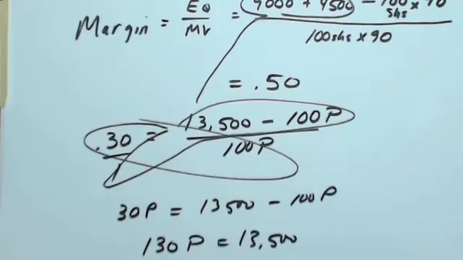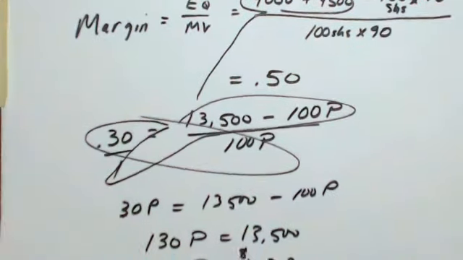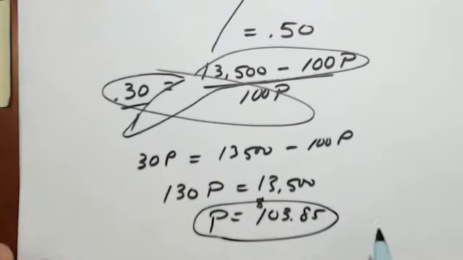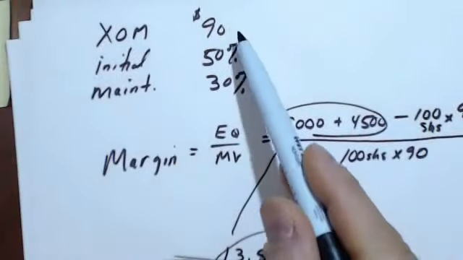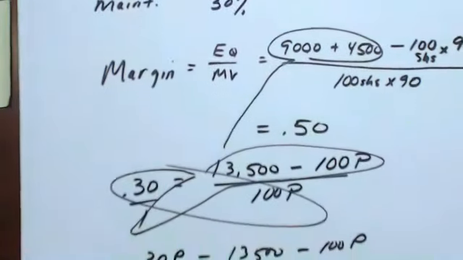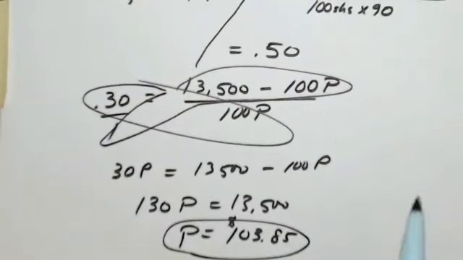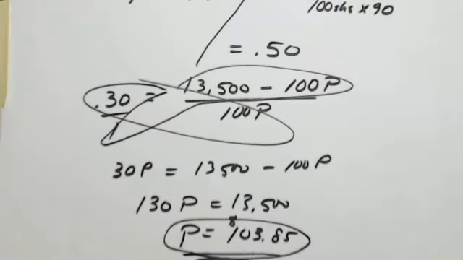P equals 103.85. That makes sense, right? It makes sense that the price at which you get a house call is above the $90 at which you shorted it. Okay, so it's got to go up about $13.85 before you get a house call. So that's where you're going to get your house call, at 103.